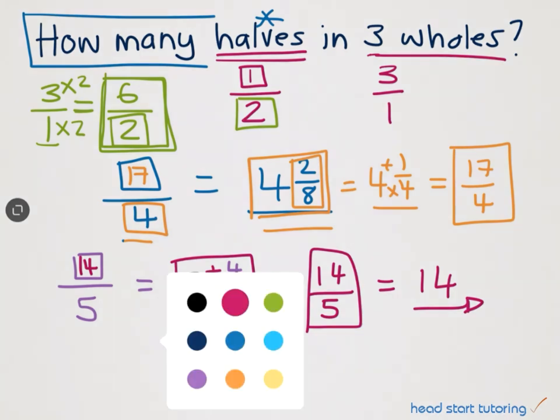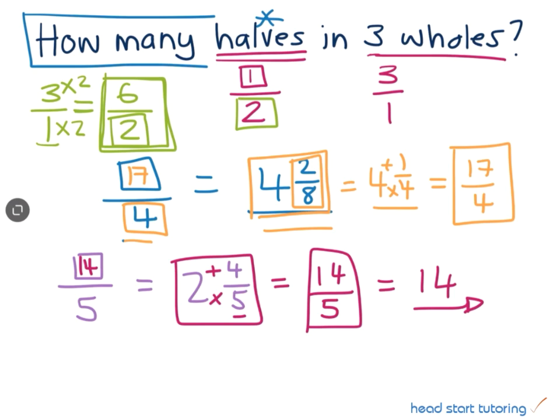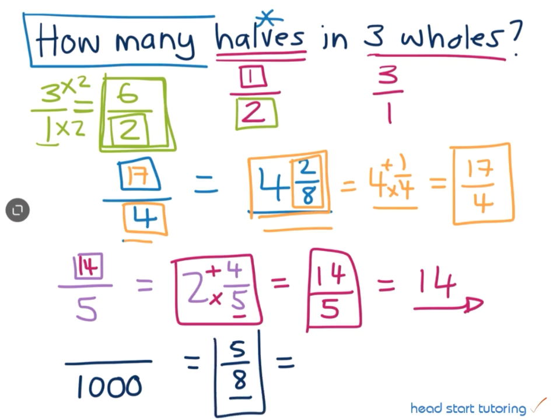Right, let's have a look at another one. How many thousandths, so a thousandth is something out of 1,000, are there in 5/8? What I need to do is convert 5/8 into an equivalent fraction out of 1,000.